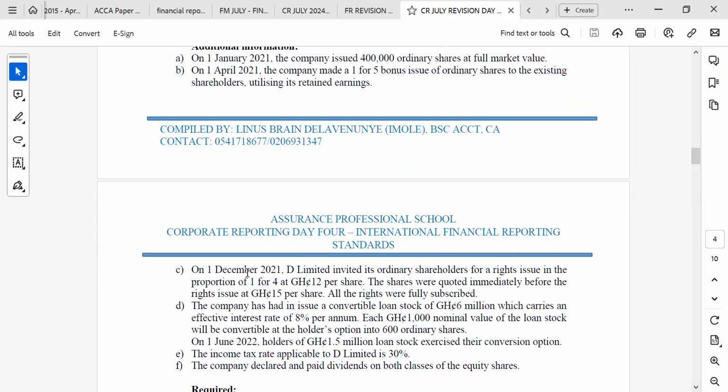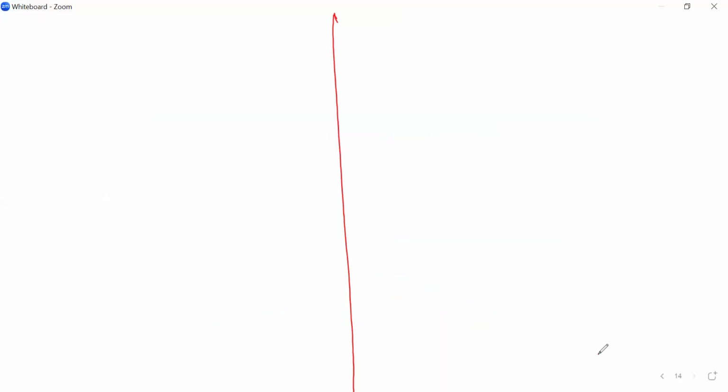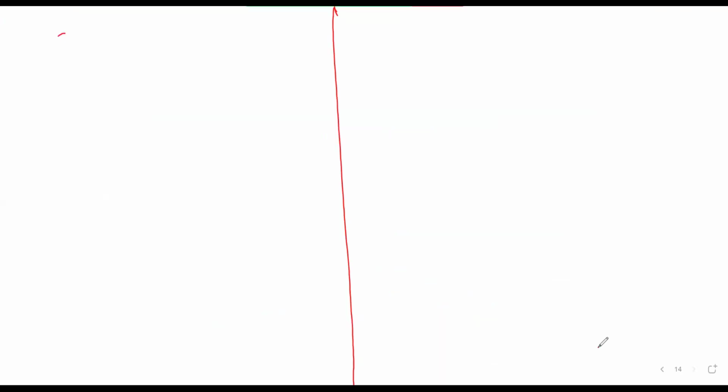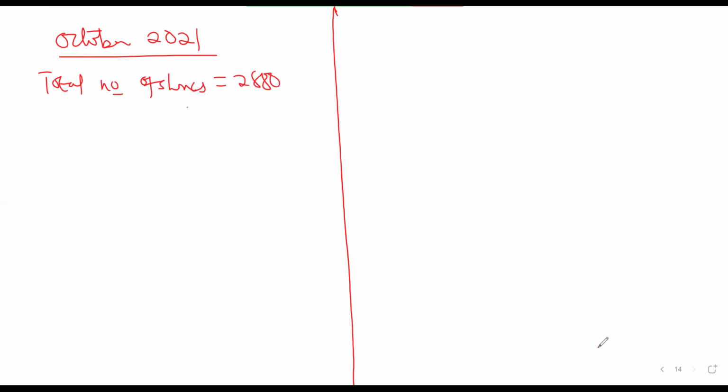But let's ask ourselves, at the start of the current year, which is October 2021, what is the total number of shares that we have? What is the total? 2,880. Okay. How do we get 2880? That will be 2,000 shares.